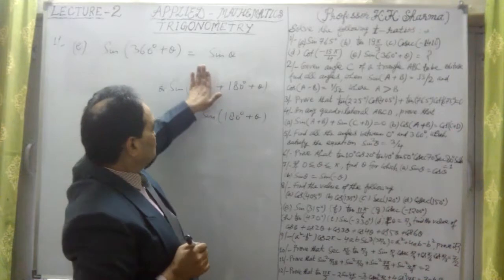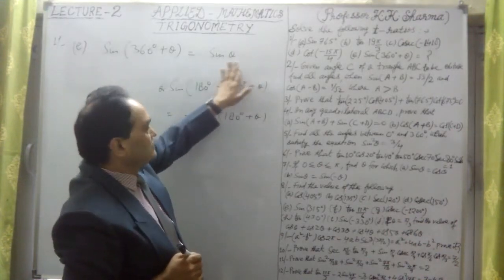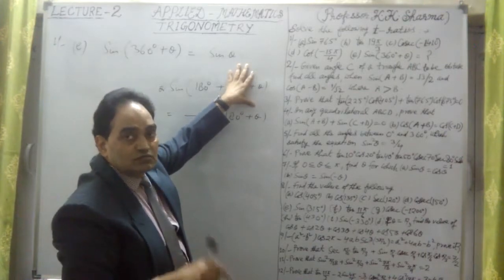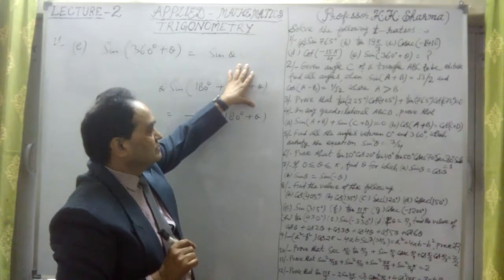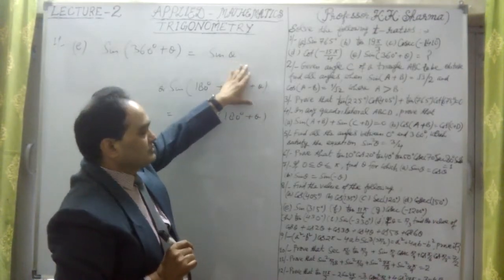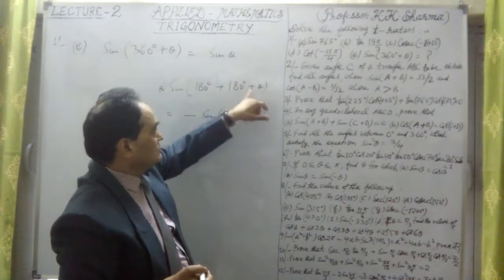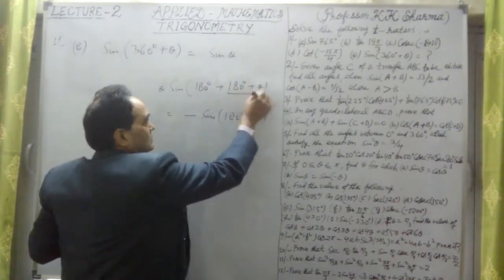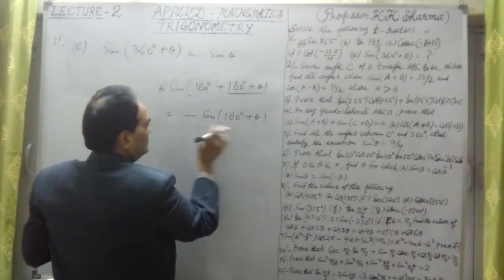Suppose theta is an acute angle. Then 180 plus theta lies in the third quadrant. In the third quadrant, sine is negative; only tan and cot are positive. So sine of 180 plus theta is minus sine theta. This whole angle is taken as theta.